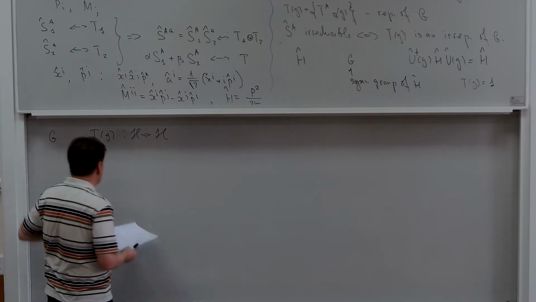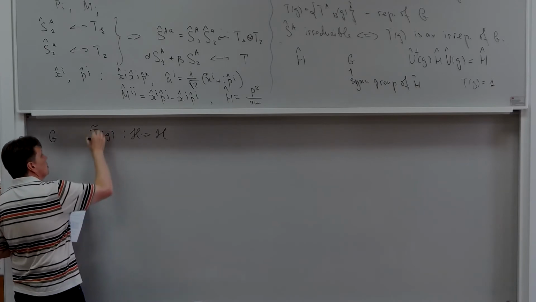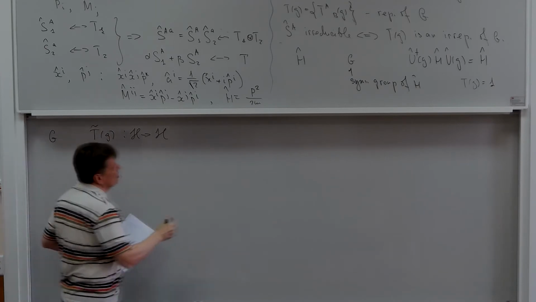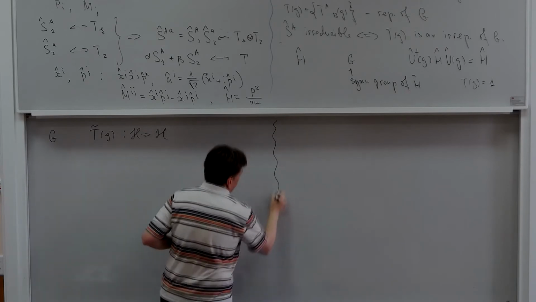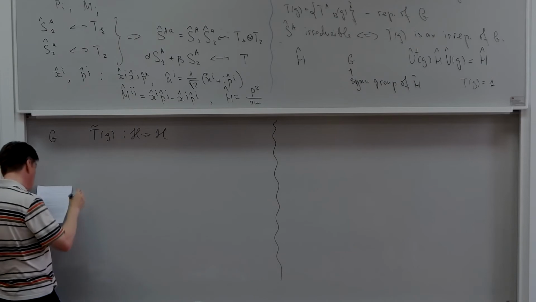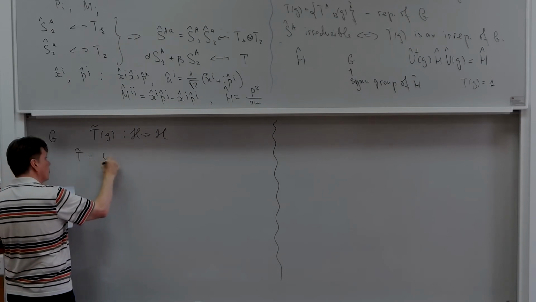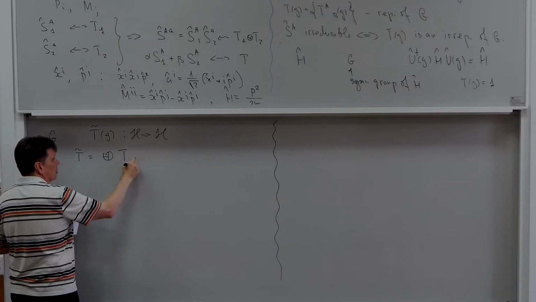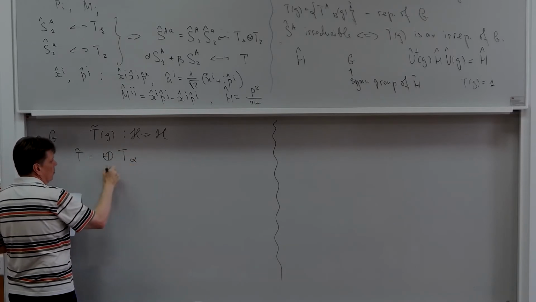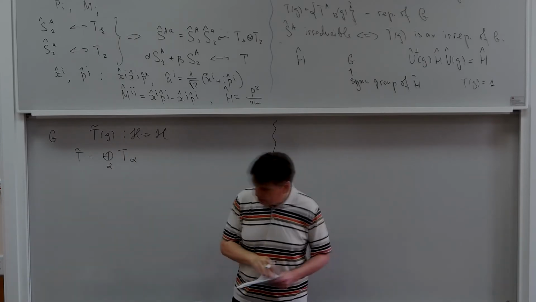Let me denote it T tilde. But being unitary, it decomposes into a direct sum of irreducible representations. Let me label them T alpha.